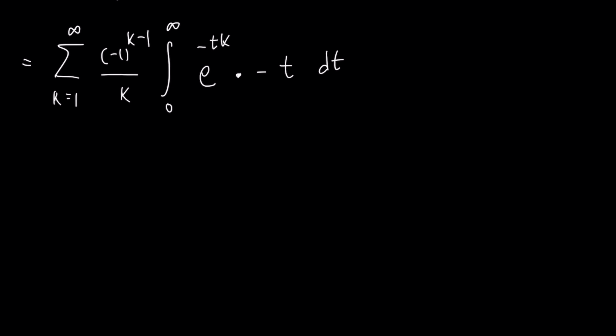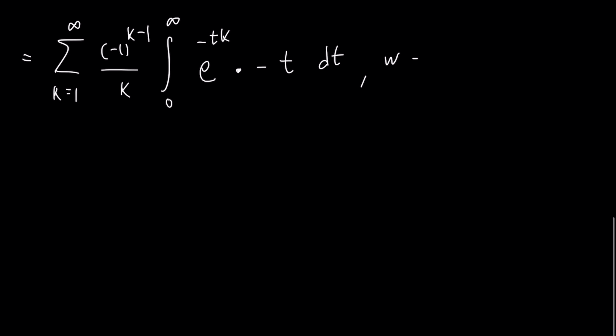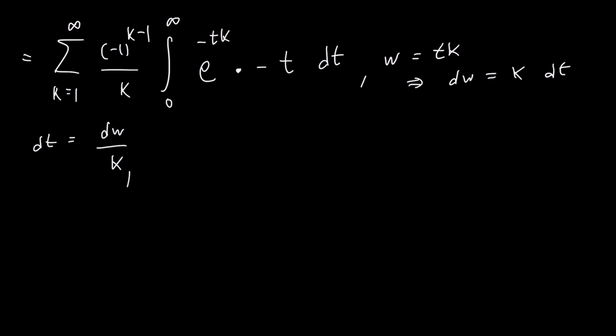And from here we'll make another substitution. We'll let w equal tk, which means that dw equals k dt, and solving for dt, we have dt equals dw over k, and the bounds of integration will not change.